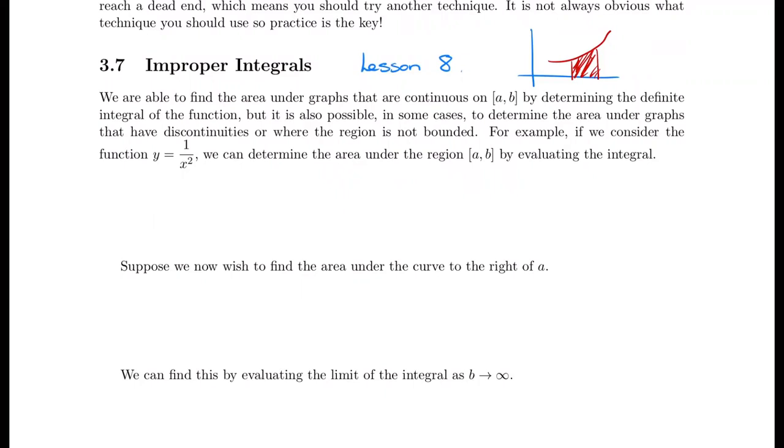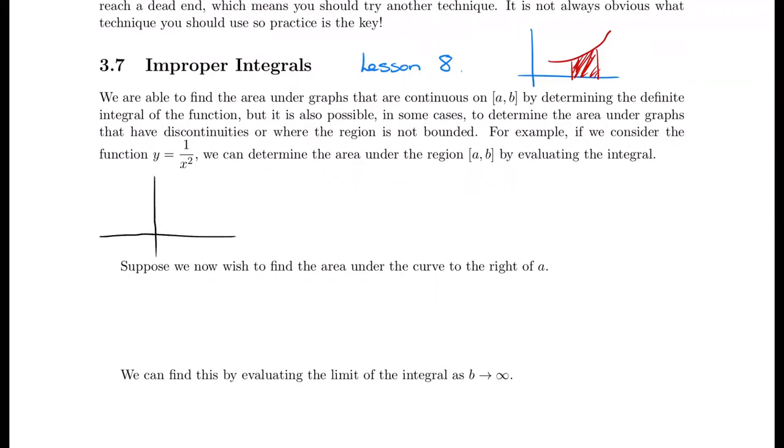But in some cases, we want to determine the area under the graphs where there are discontinuities and where the function is actually not bounded at that area. So for example, if we consider the graph of y is equal to 1 over x squared, I'll try to graph this.